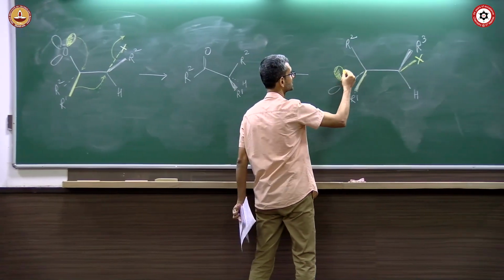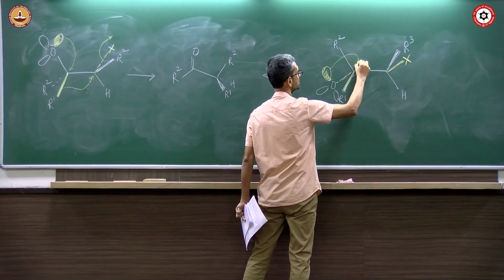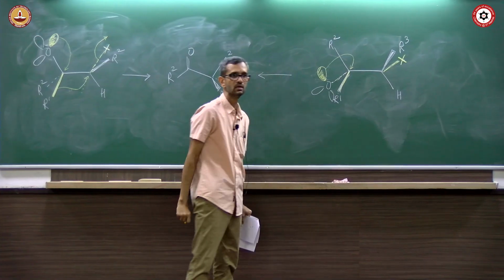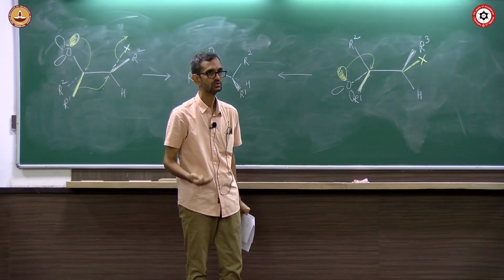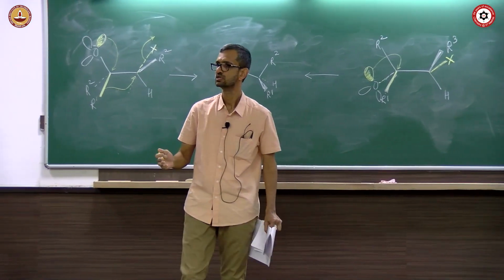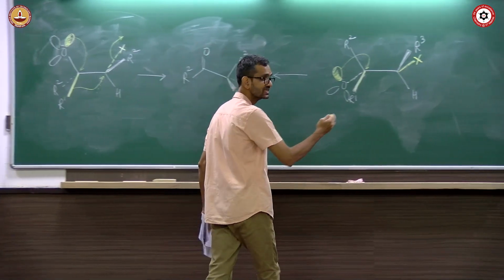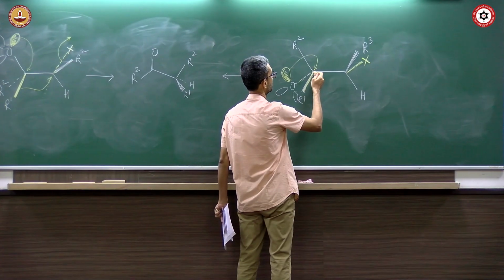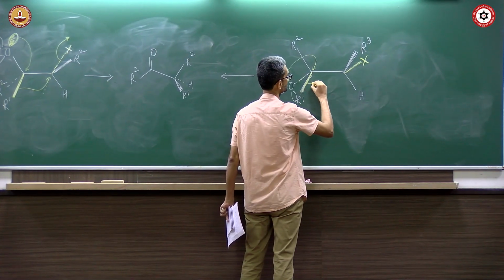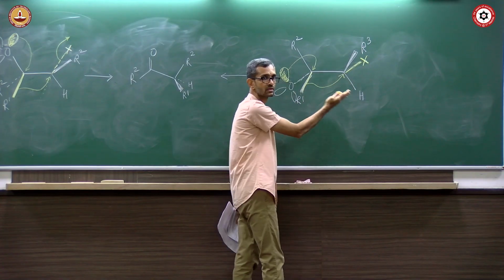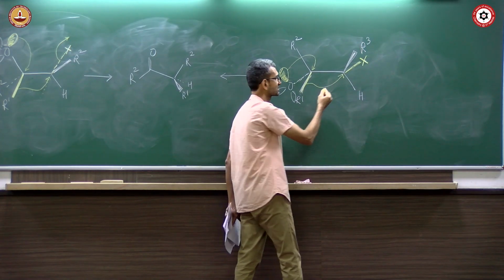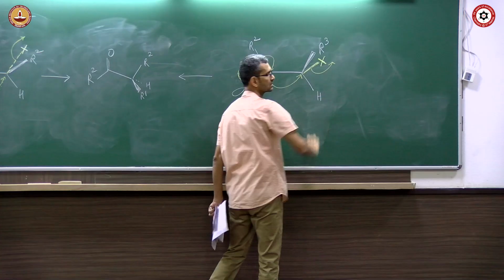So this assists in pushing the N to NO to C sigma star. Then this migrates, right? Collinear attack. The leaving group is good.